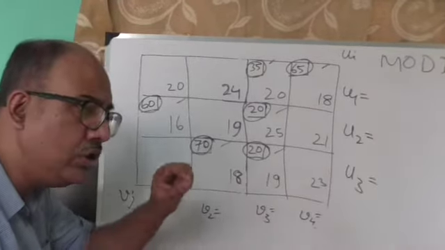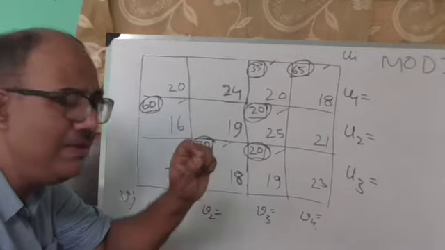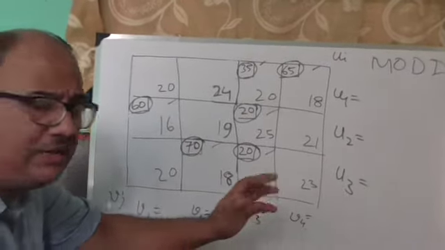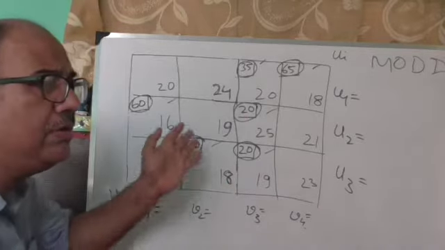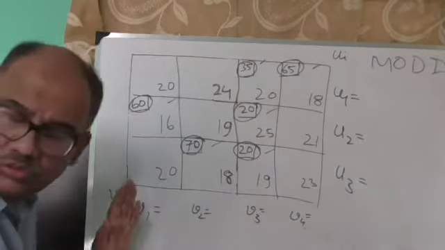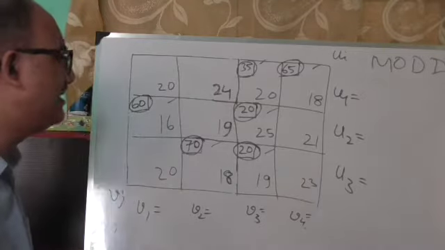So we have to take one variable as any value, and by putting that we will find the other values. So choose any value as 0.